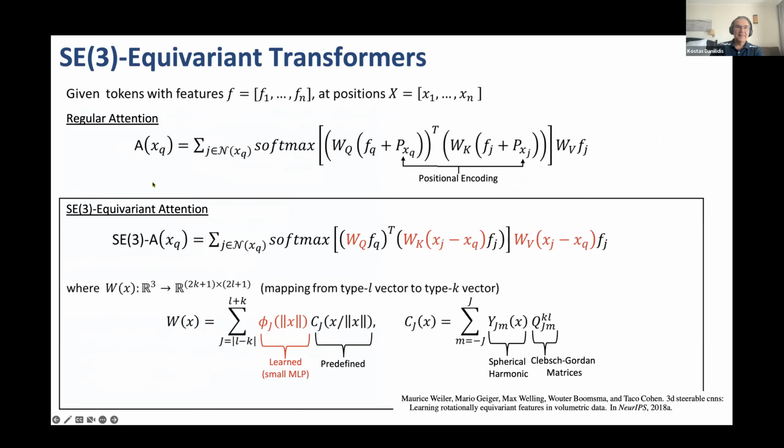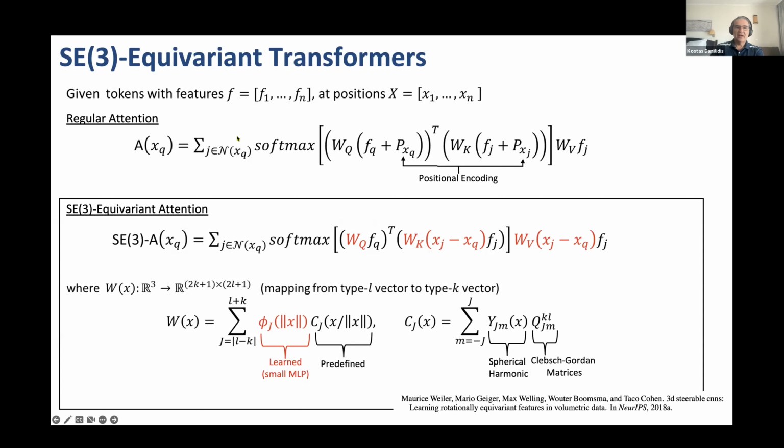In regular attention, we usually add the positional encoding. We don't want this positional encoding. Instead, as I already mentioned here, we use the difference between the vectors.